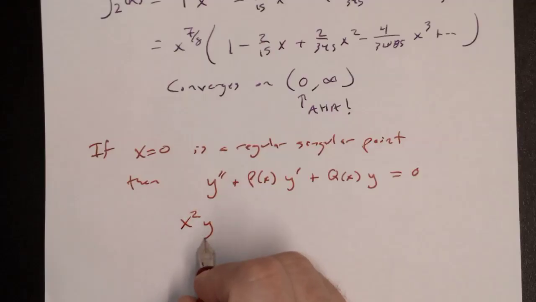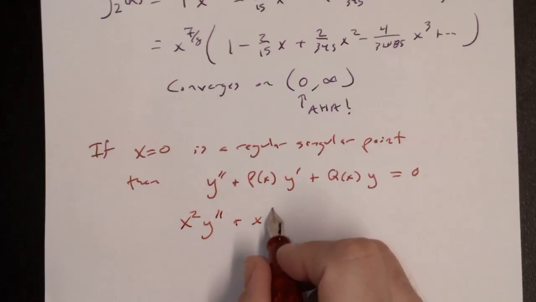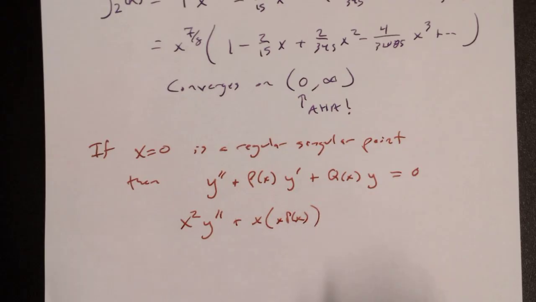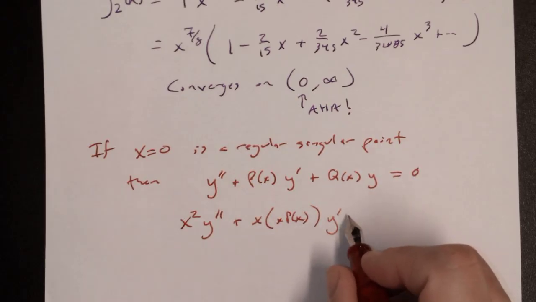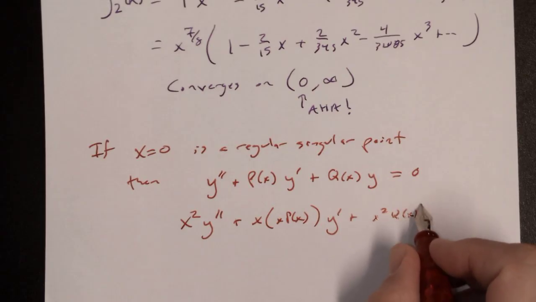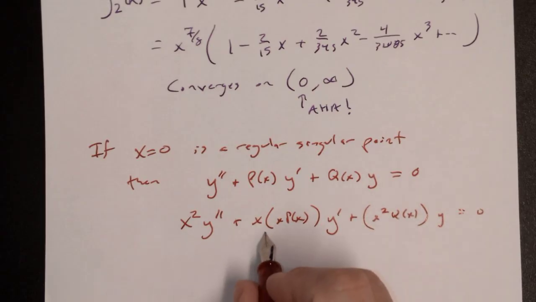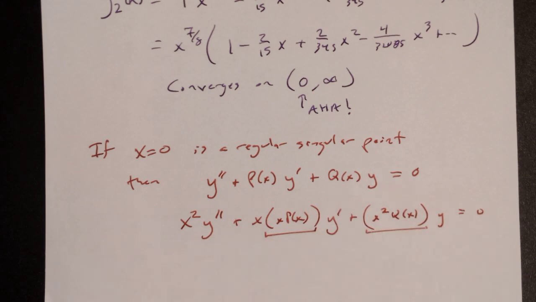X squared y double prime. I'm going to write this as x times xp of x. That's multiplied by x squared. And then I'm going to write x squared q of x, y. This and this, those are analytic. They're nice. That's what it means to be a regular singular point. That means that xp(x) can be written as a power series.